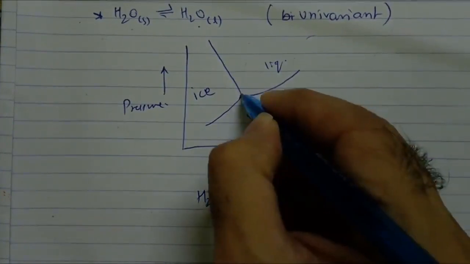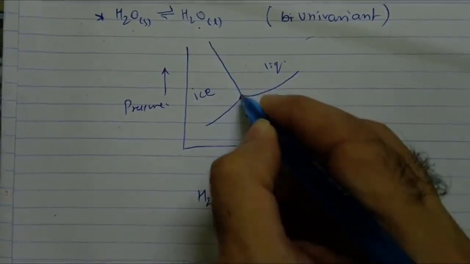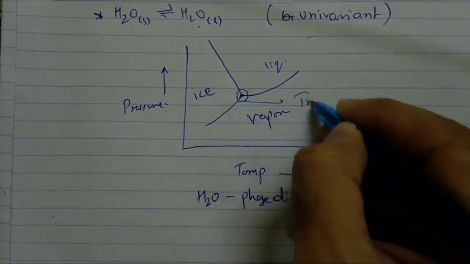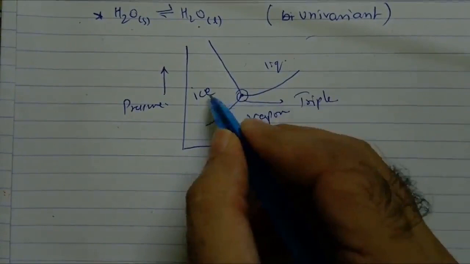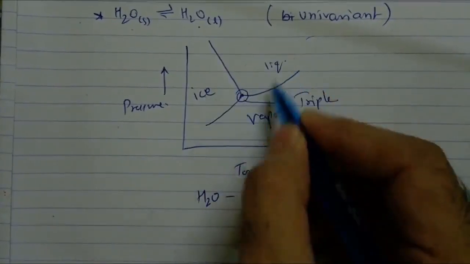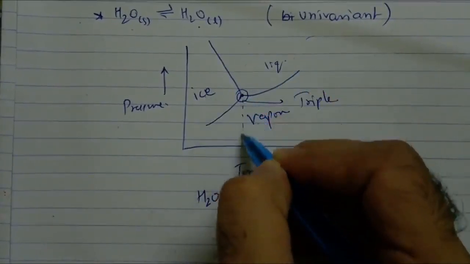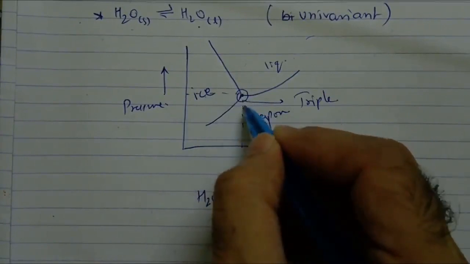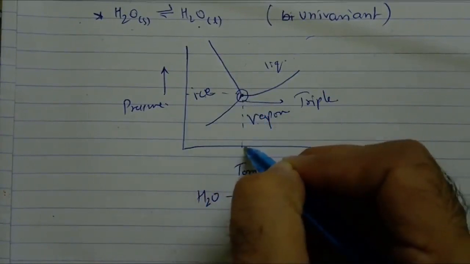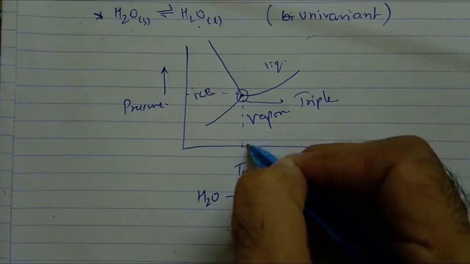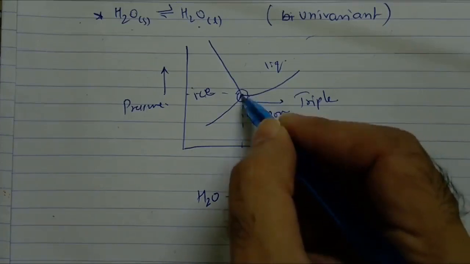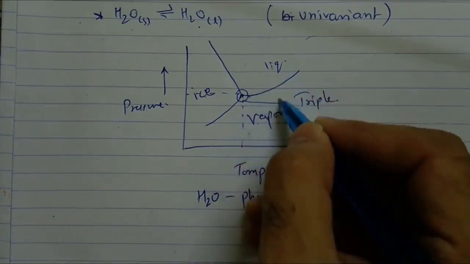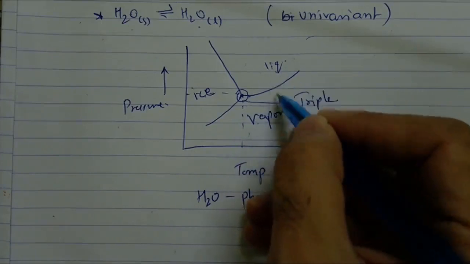Now, as I was discussing, this is your triple point, where solid, liquid and vapor exist together. Now this is fixed, you cannot change it, because if you slightly change, for example, the temperature, this equilibrium will be disturbed, and then it will become liquid and vapor alone.